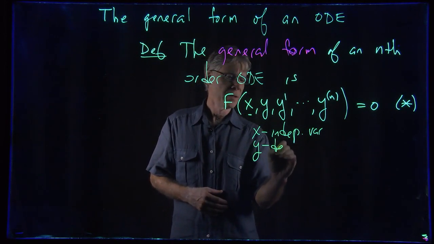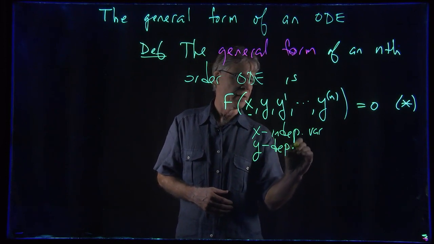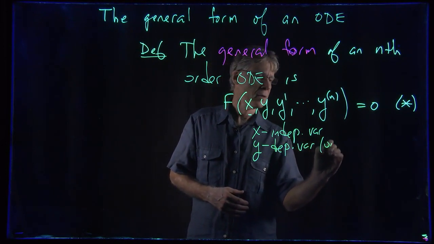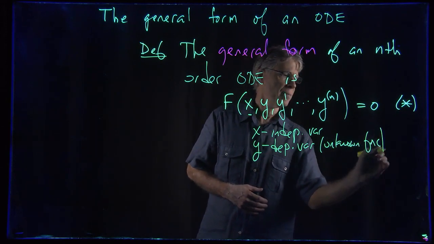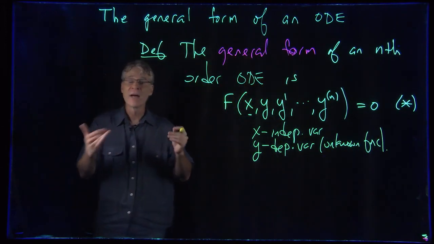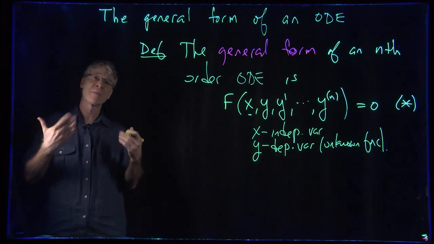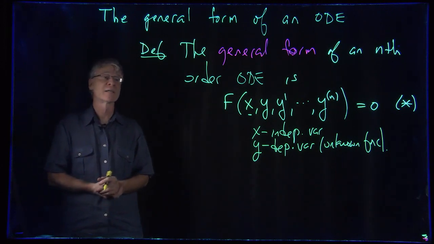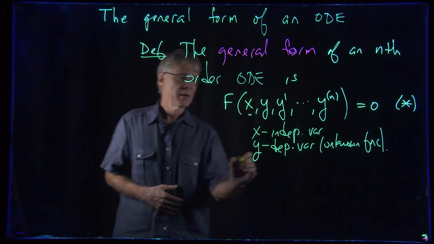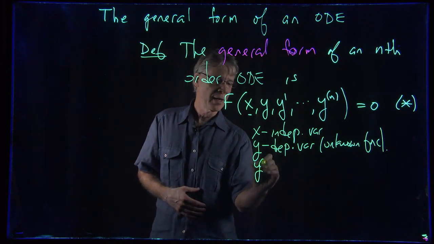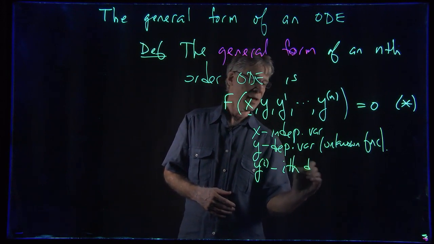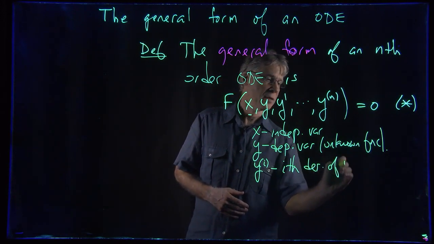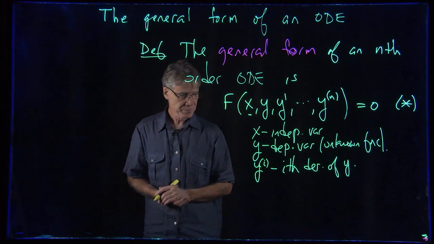y is the dependent variable. In essence, the unknown function, that's the thing that we're looking for. That's the mathematical model, y is a function of x, that we're trying to find. The other parts here are y^(i), where i in parentheses denotes the ith derivative of the unknown function y.